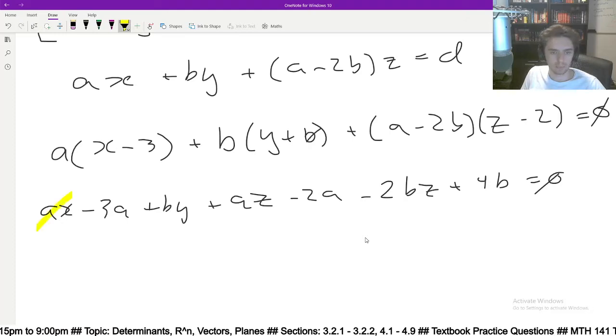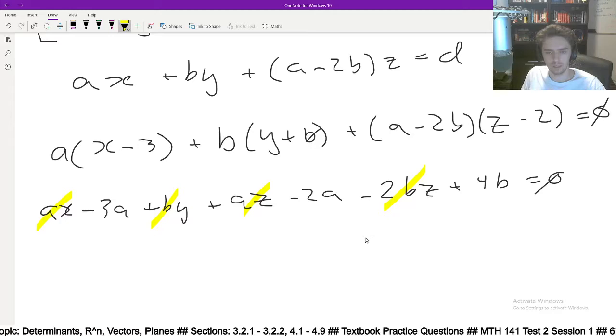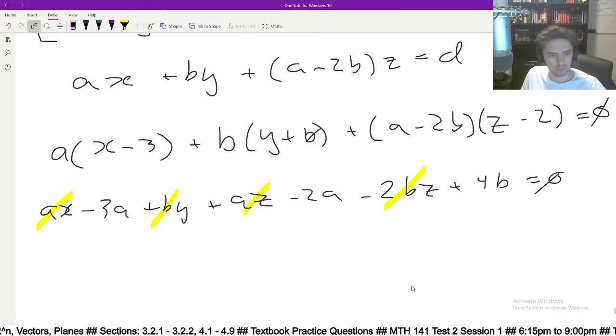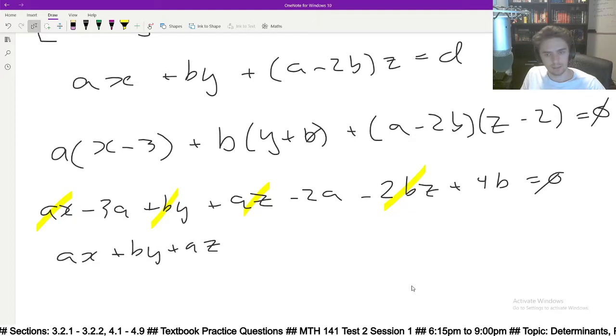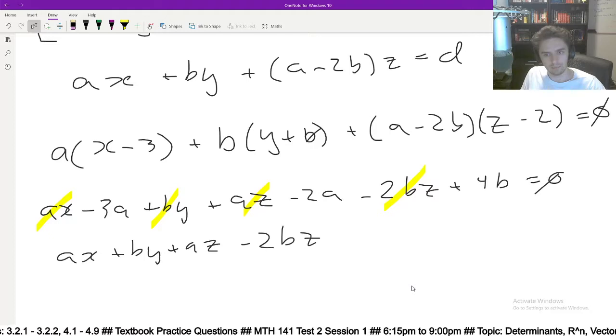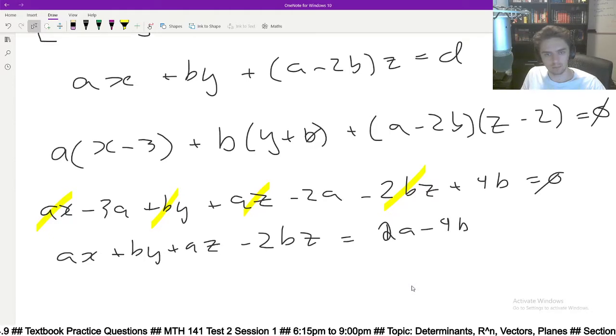So what do I want to keep? I want to keep ax, by, az, and negative 2bz; everything else I can throw over, just some number. So ax plus by plus az minus 2bz equals 2a minus 4b.